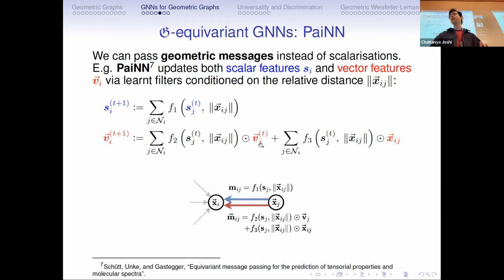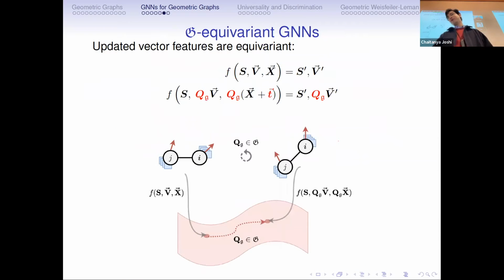This means that you can't do all the usual fun deep learning stuff like applying ReLUs on your vector features, because nonlinearities would break this symmetry constraint. And essentially, maybe this slide says exactly that: you have some inputs and you pass them through a GNN layer, you get updated scalars and vectors.